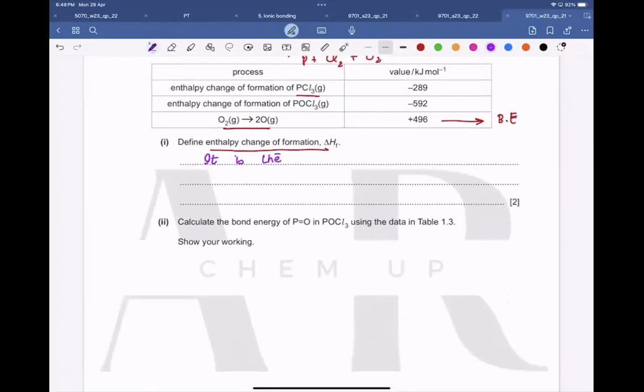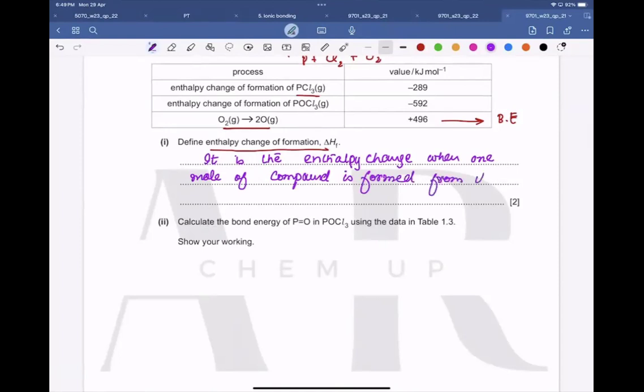So it is the enthalpy change when 1 mole of compound is formed from its elements in their standard state.